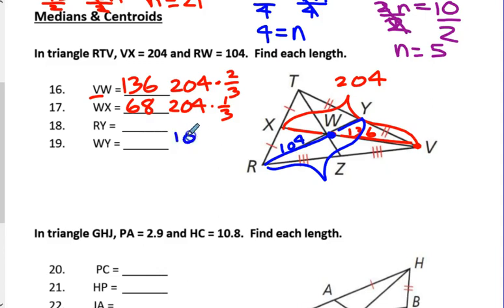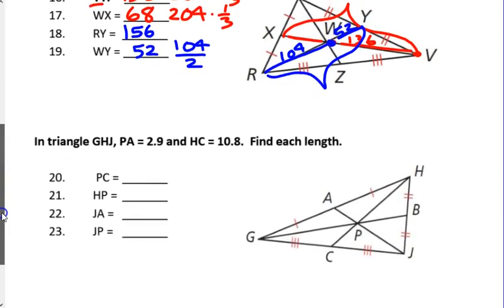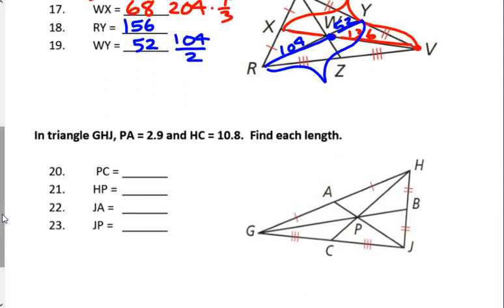Okay, so I write that right here actually. For WY, gives me 52. So now that I know I have 104 and 52, I can add them up, and I'll get 156.